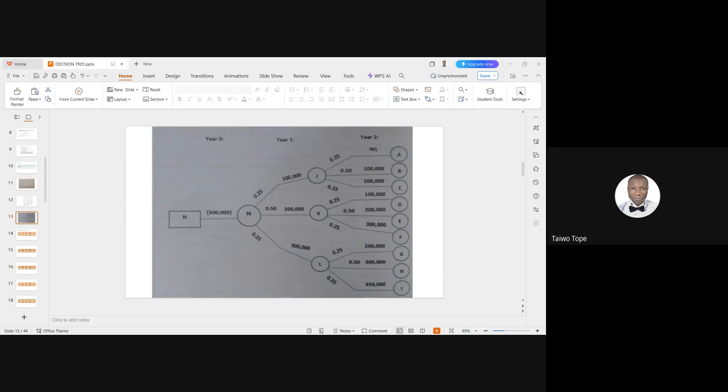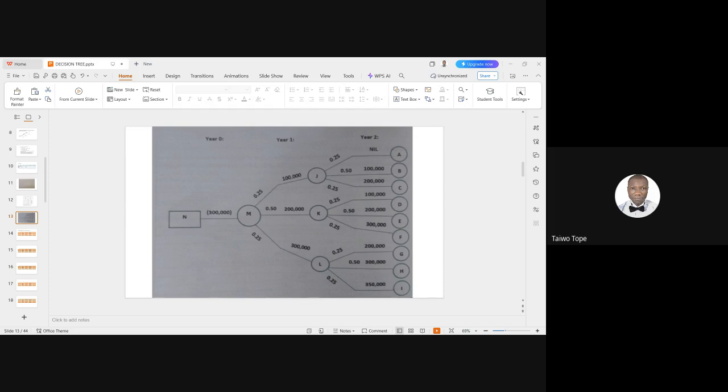In year one, you have an inflow of 100. In year two, based on node A, what is the figure in year two? Zero. Fine. That is what I want to get. Nil. Yes, nil.